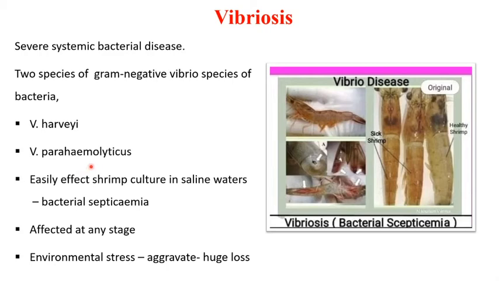It easily affects shrimp culture in saline waters, causing bacterial septicemia. It can affect any stage of the shrimp. Environmental stresses aggravate vibriosis, causing huge loss to the aquaculture industry. We can see the bacterial septicemia vibriosis in this picture: this is the healthy shrimp and this is the sick shrimp due to vibriosis.